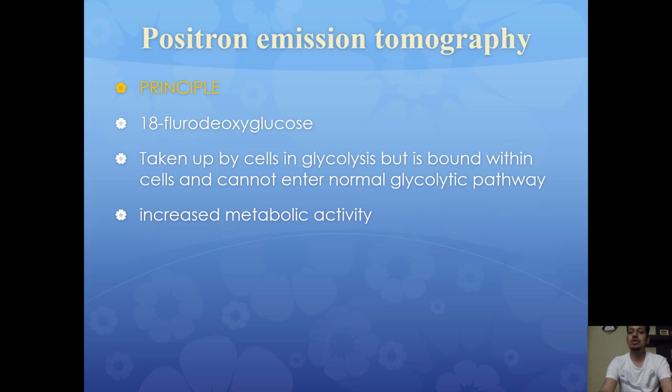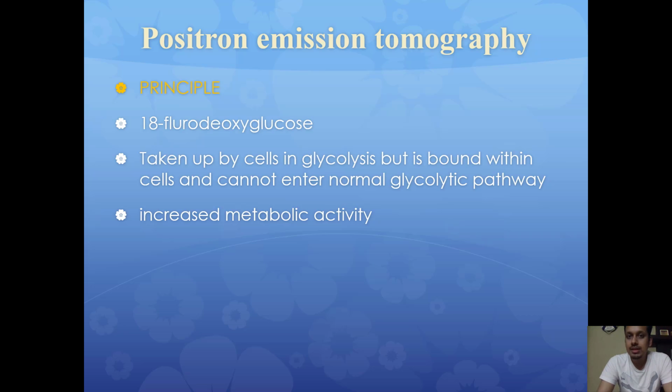Next is the positron emission tomography. This is now in use, especially for solitary pulmonary nodule. Positron emission tomography is actually being overused. So the principle is that 18 FDG is injected into the patient, and the cells take up this 18 FDG in glycolysis.